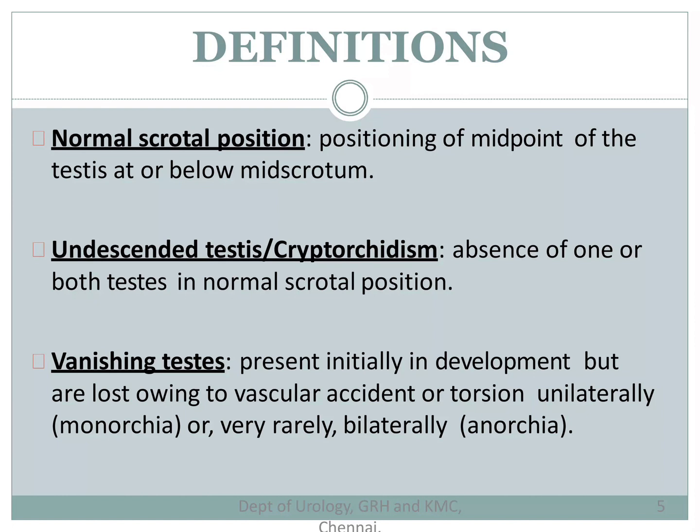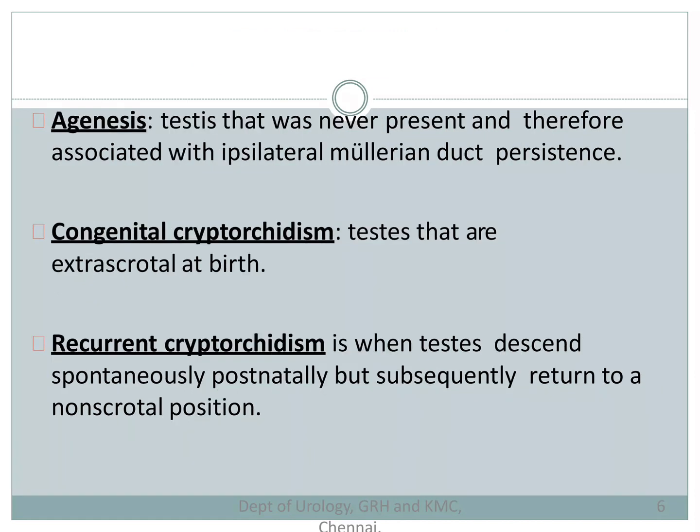It can be unilateral or bilateral. While testicular agenesis means that the testis was never present, and it is therefore associated with ipsilateral Mullerian duct persistence. So in agenesis there will be ipsilateral Mullerian duct, while in vanishing testis there will be no Mullerian duct, and the testis is initially present, while in agenesis the testes are not present initially.